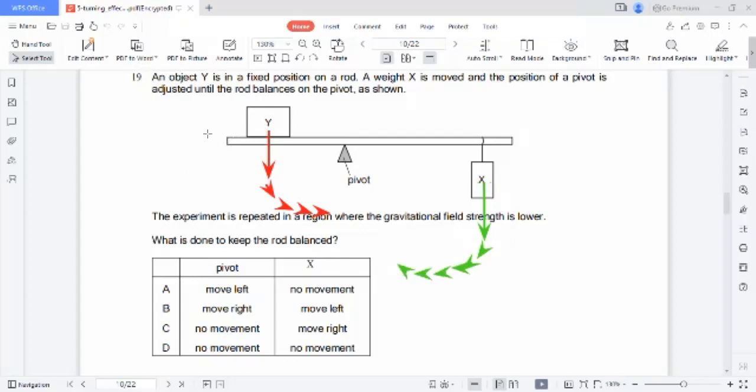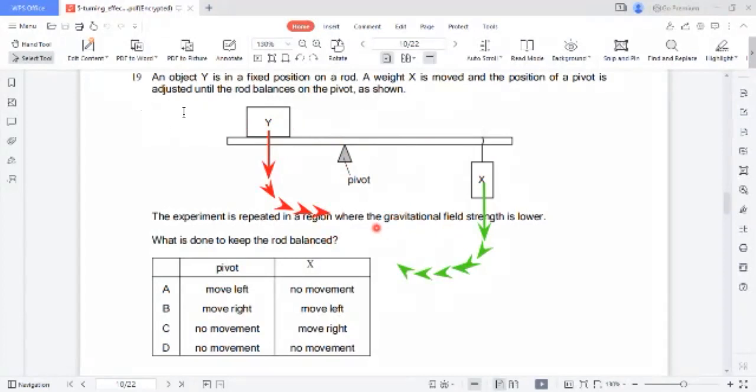On the Y side, there is an anti-clockwise movement. On the X side, it is clockwise movement. From the figure, we can see the mass of Y is larger. If there is a lower gravitational field, then it doesn't matter, because for X and Y, both of them will have the same gravitational field. That's fine.